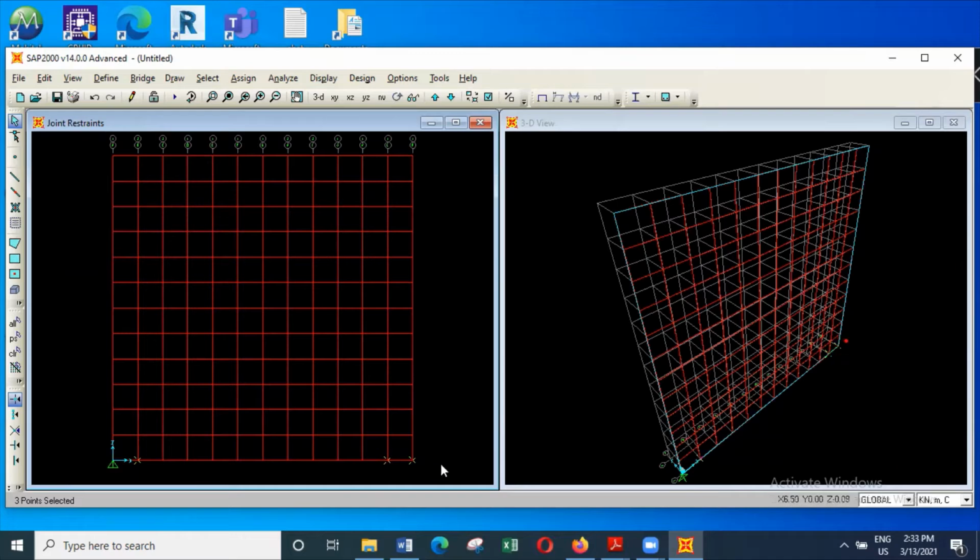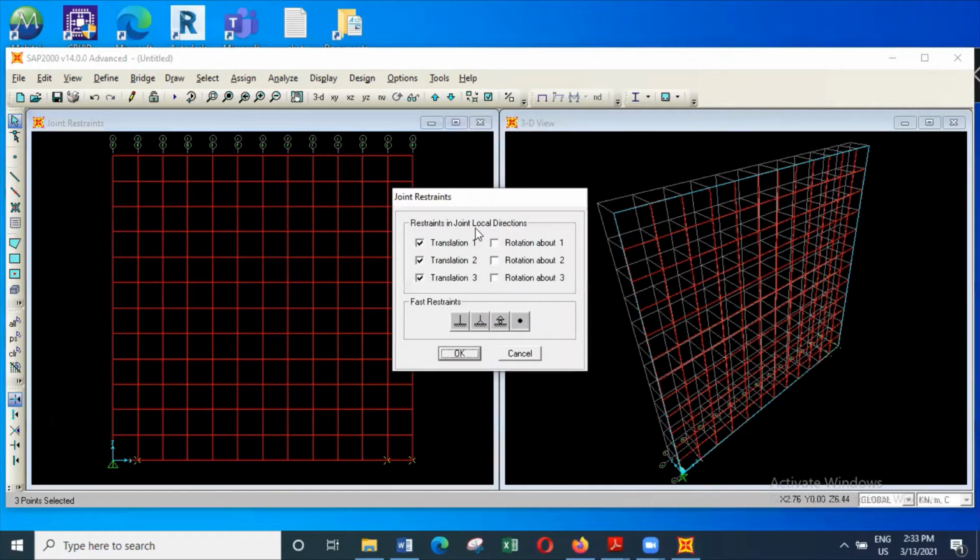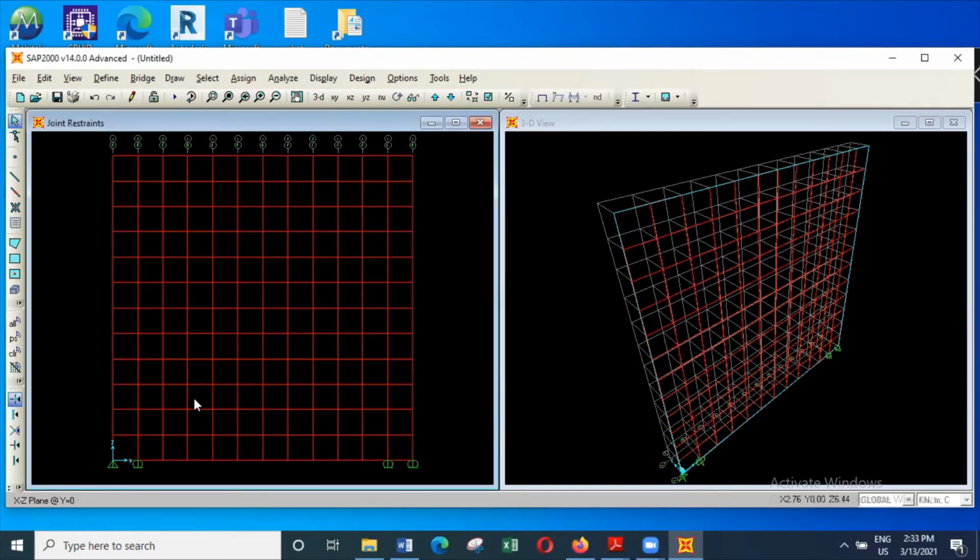So the distance between these 2 is 0.5 meters. And then I will assign joint restraint only in Z direction. So I'm supporting it, but no other variation. So it's supporting, and it can expand this way because I have put all these on roll supports.